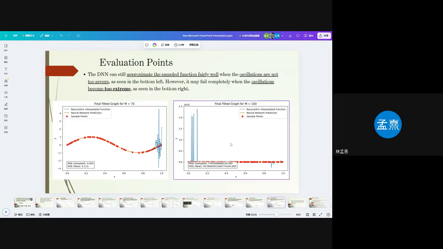But it can still approximate fairly well when the oscillations are not too severe, as in the left plot. But it may fail completely when the oscillations become too extreme and the mean square error is very, very high. Okay. So this is the report for task 1.